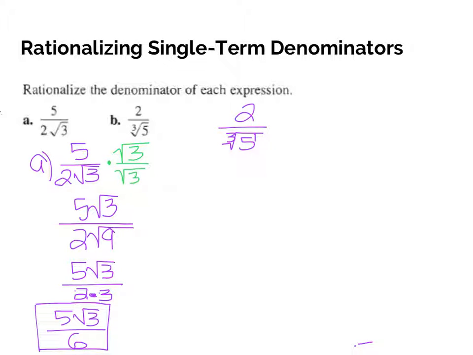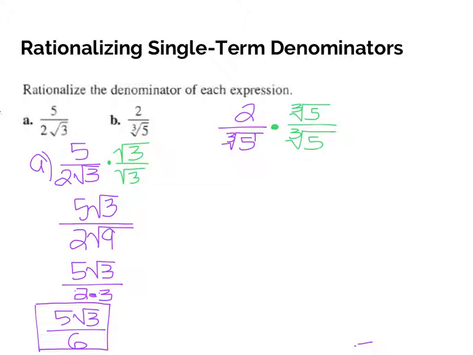What we need to multiply this particular expression by is not the cubed root of 5. That would only give us, in our denominator, the cubed root of 5 squared, which still leaves us with a radical in our denominator.